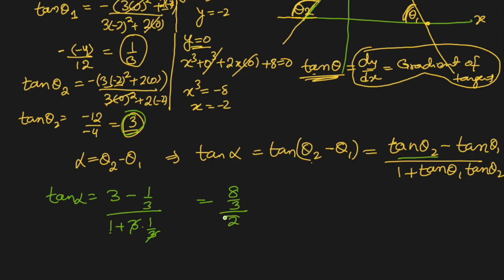So this is a denominator, this is also a denominator, they can multiply, so we can get 8 over 6. And if we divide by 2 both sides, we get tan alpha equal to 4 over 3, and that is our answer.